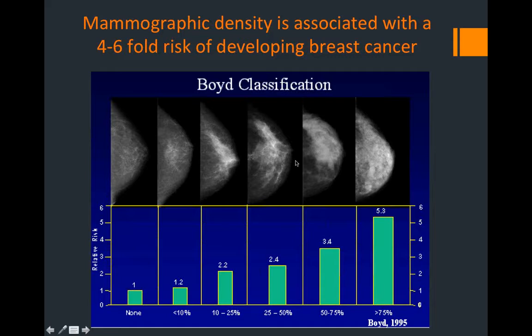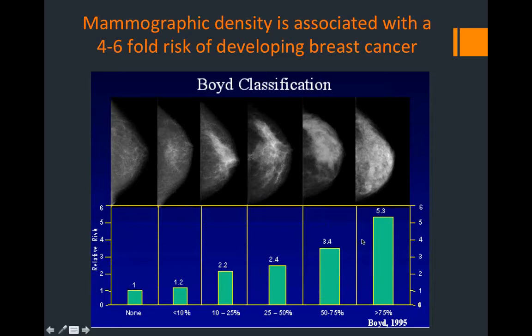And you can tell that they're different as they increase in opacity. So they increase in their breast density. And what he found in his 1995 paper is that just by correlating the density of these mammograms, he could then correlate to the relative risk of development of breast cancer in that patient.